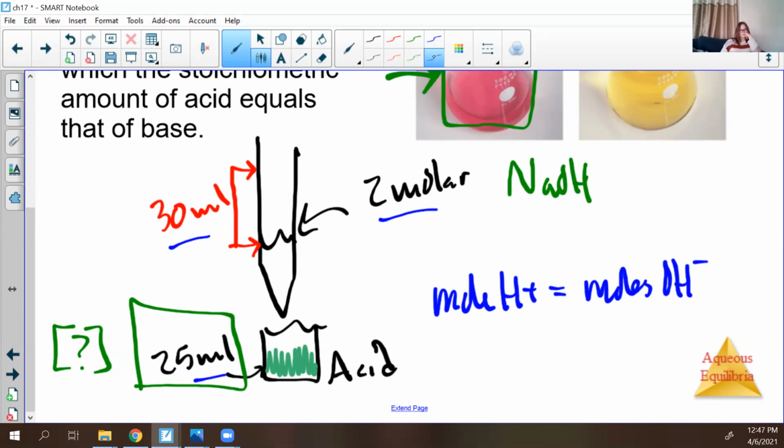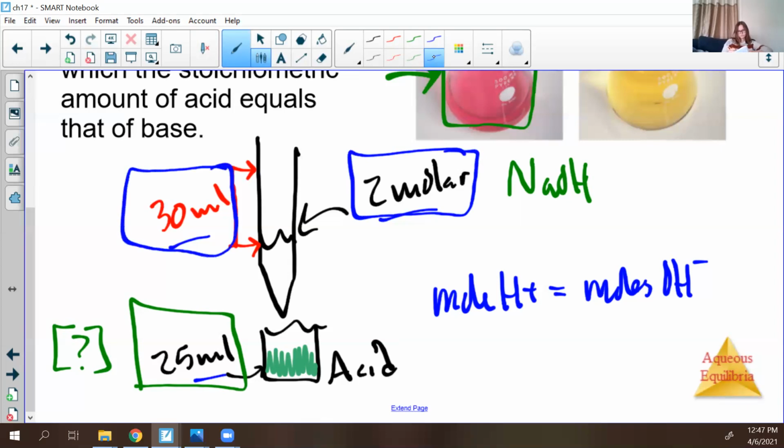That's what neutral means, right? Okay, now look right here. I have a concentration and a volume. When I multiply those, that gives me the moles, right? So I can say that this is the OH side. I can say 2 times 30 is equal to... this won't matter.